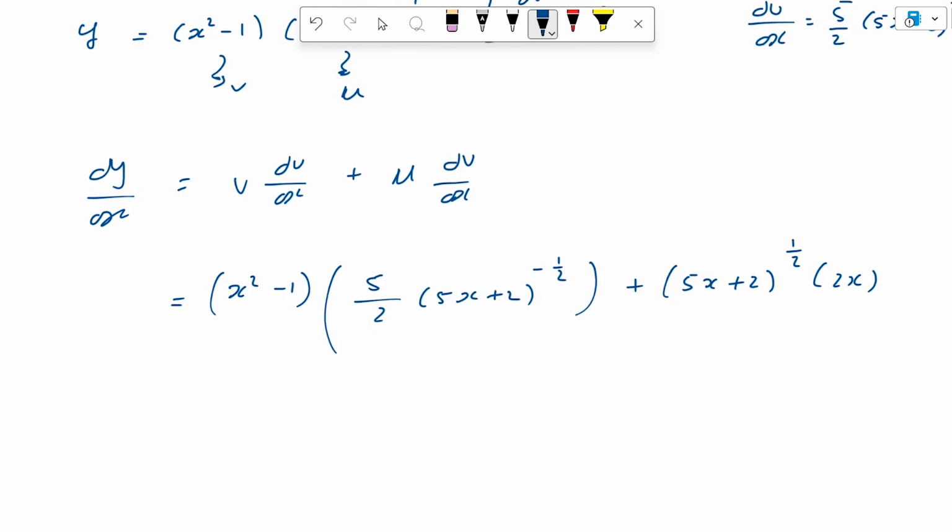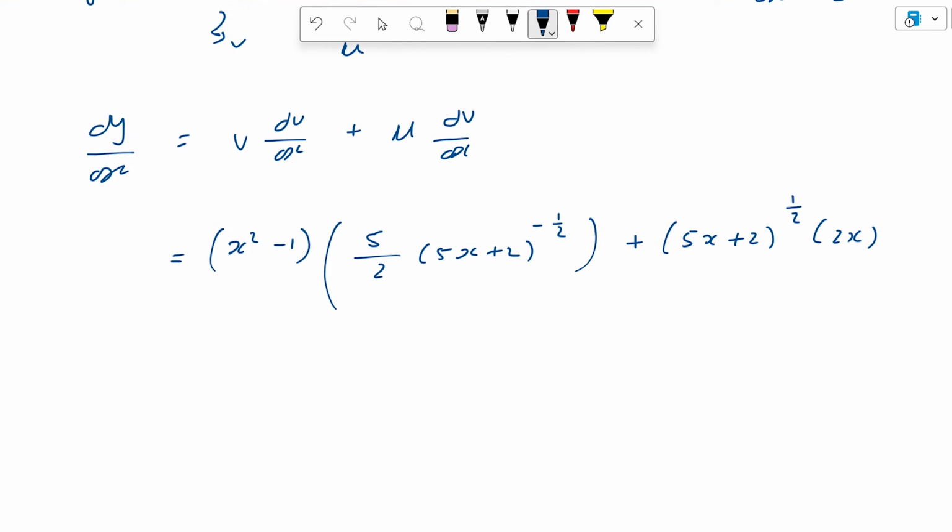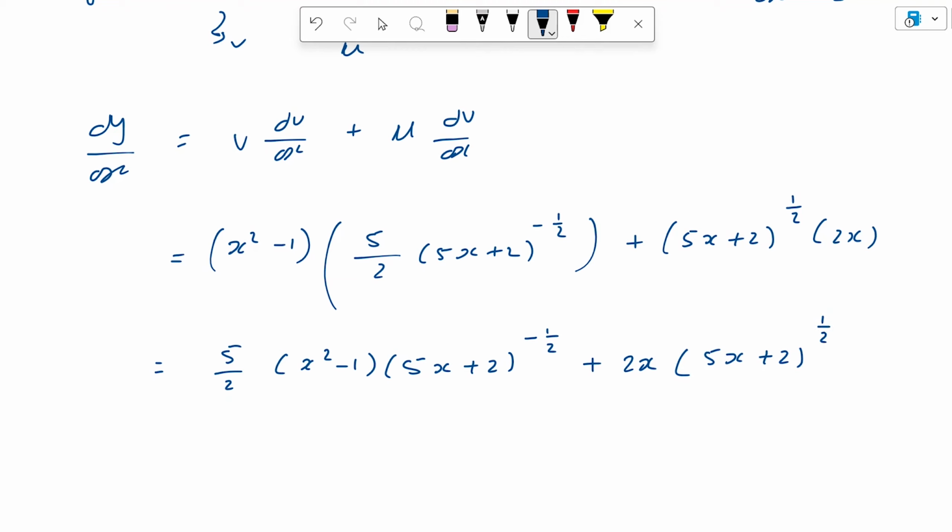Now we simply need to distribute the brackets, which is going to give us, let's say we can rewrite this thing as minus 5 over 2 there, plus 2x, plus 2 there.